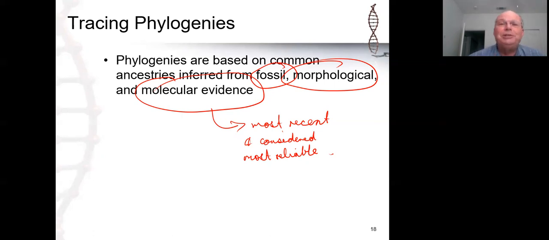The good news is that by and large, the vast majority of phylogenies that have been built on the back of fossil evidence and morphological, and we could include anatomical evidence, have stood the test in the face of molecular evidence. So why do we accept molecular evidence as being more reliable?